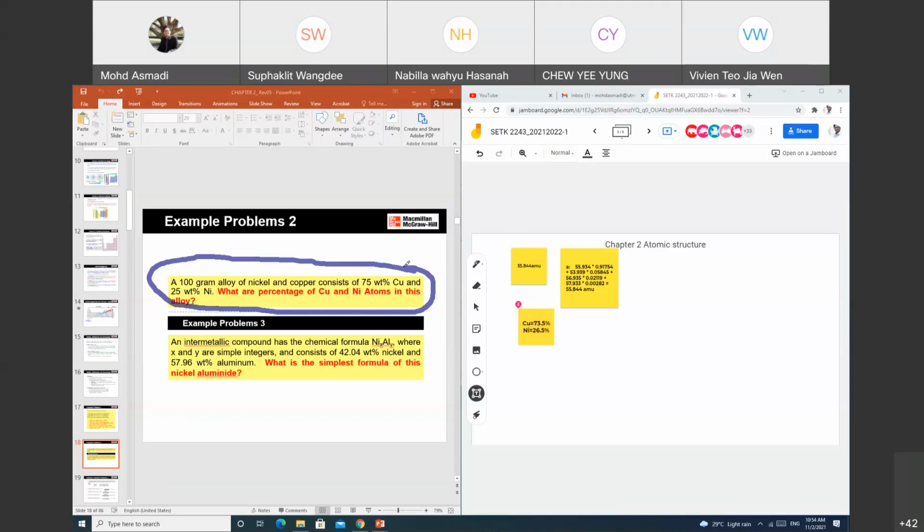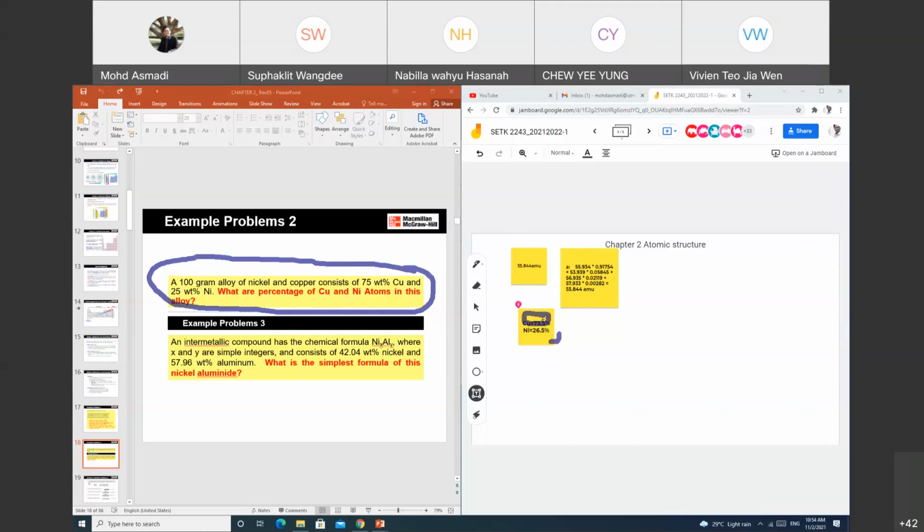73.5 and 26.5. Okay, that's correct. So you have to determine the mole number for each atom, for copper and nickel. The sum of the mole number of copper and nickel gives the total mole. So the number of mole of copper divided by total mole, times 100, gives you 73.5% for copper.